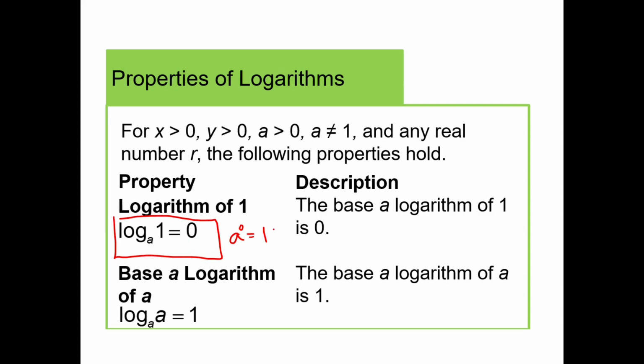A to the 0 is equal to 1 by definition, so log base a of 1 is always equal to 0. The next property states that log base a of a is equal to 1. That's clearly true because a to the 1 is always equal to a. And remember, the exponent is always the answer to the log, so that's why this one is true as well.